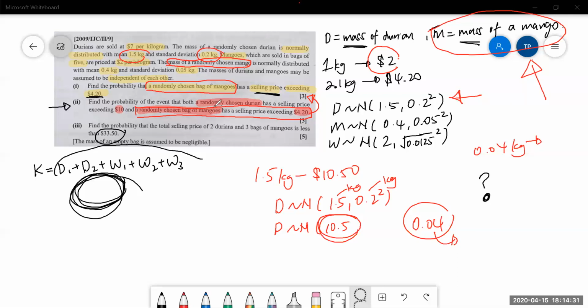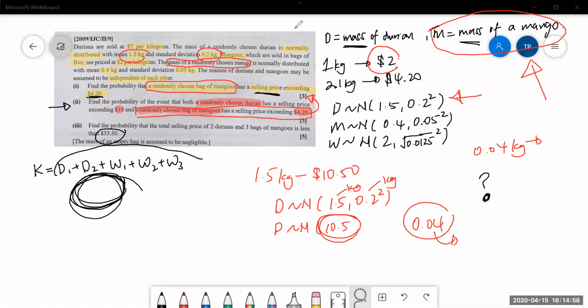If anything, any slight changes to the mean or standard deviation will be from kg to grams or grams to kg only. But now we are doing a proportion conversion from kg to dollars, which is freaking ridiculous.